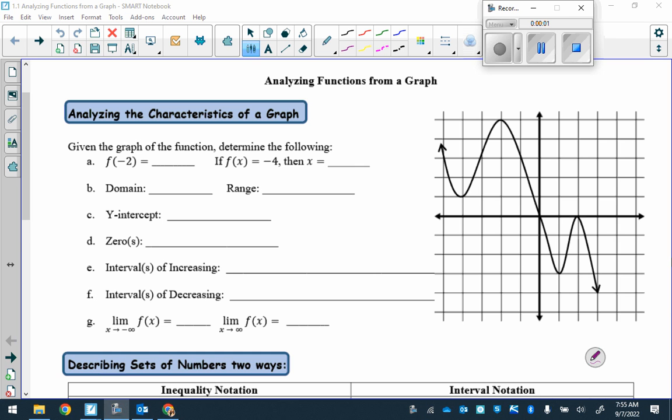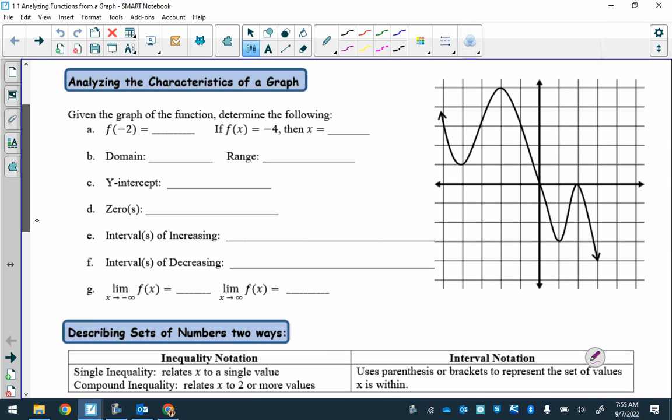Which again is a recap of algebra 2. Okay, so when I see f of negative 2, what does that mean? Good. When x equals negative 2, what do you have? 5. How many of you agree with that? Good.